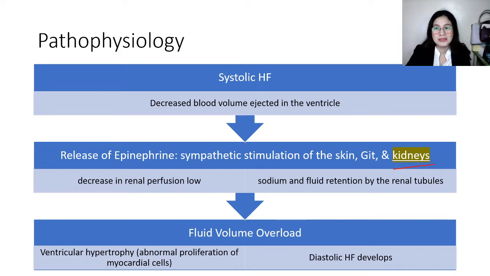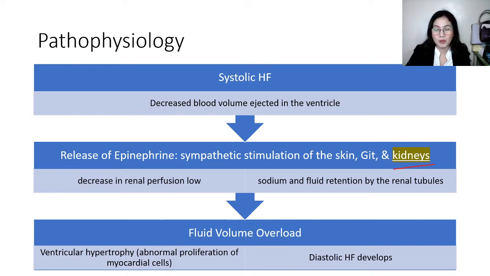Renin promotes the formation of angiotensin 1. This is actually a benign inactive substance, and then angiotensin converting enzyme, or ACE, in the lumen of pulmonary blood vessels converts angiotensin 1 to angiotensin 2.